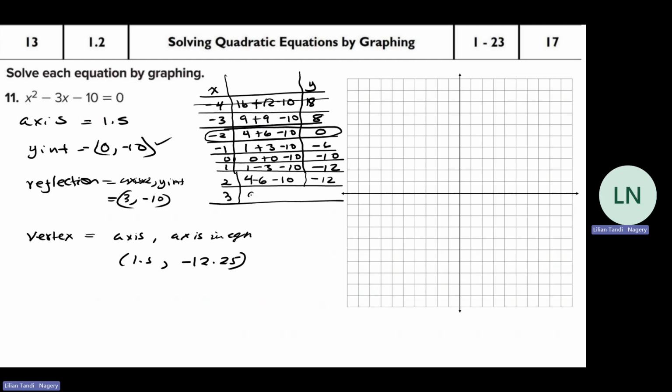Do 3, that's 9, minus 9, minus 10, that should give me -10. Then we have 4, which is 16, minus 12, minus 10. That should, no, that's not true. Oh, that's true. 9 minus 9 is 0, 0 minus 10. Okay. 4 minus 10 is -6. Then we do 5. 25 minus 15 minus 10, which should be 0. There is my other solution.